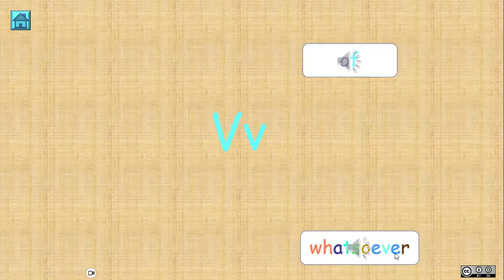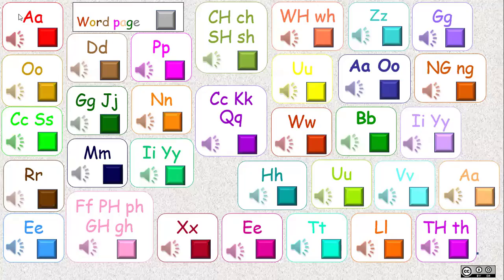We already looked at the E, whatsoever. It sort of blends into the R there, but it still says er. And we'll find the brown R on the home page where it still says er.